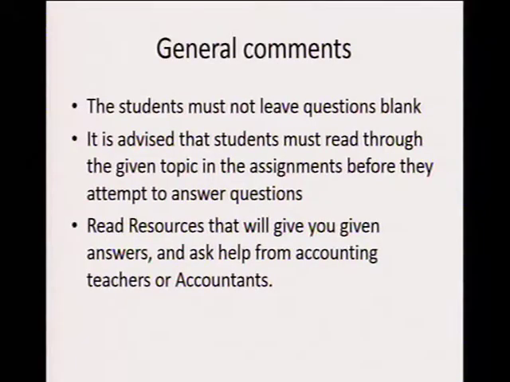The general comment: students must not leave the questions blank, please. It's advisable that you read through the given topic of the assignment before you attempt to answer the assignment questions. You must read the resources that are given, the NAMCOL modules, the IOL modules.